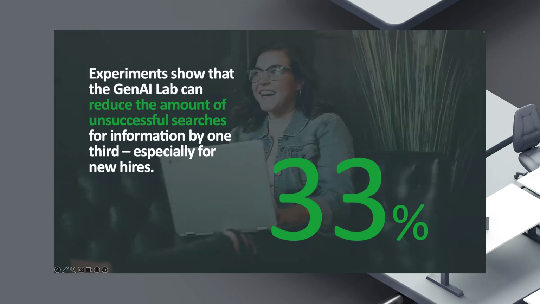This has a very huge impact in my opinion, because asking another employee not only saves time for the new employee, but also saves time for the helping employee. So this is also a very relevant number.